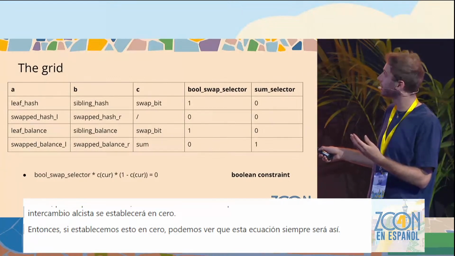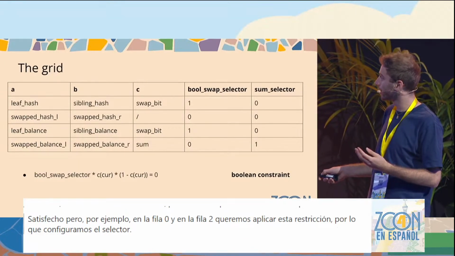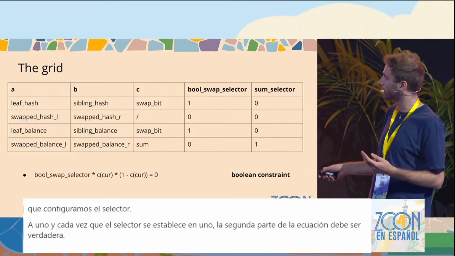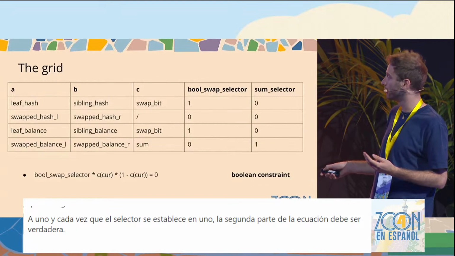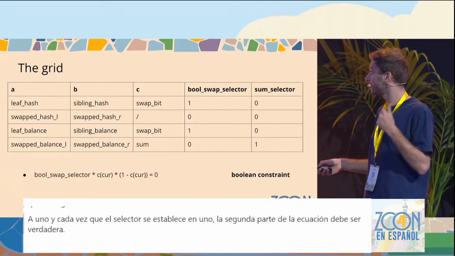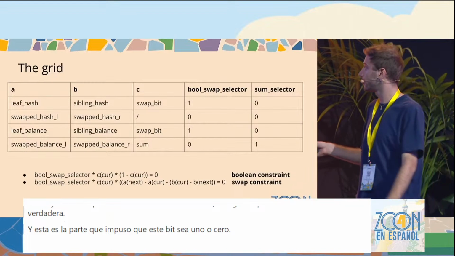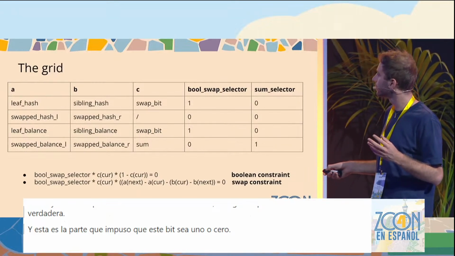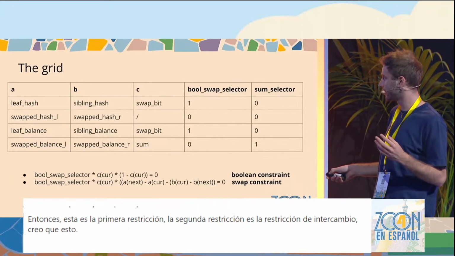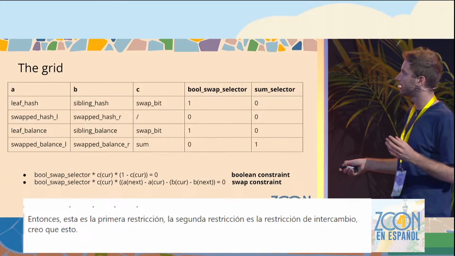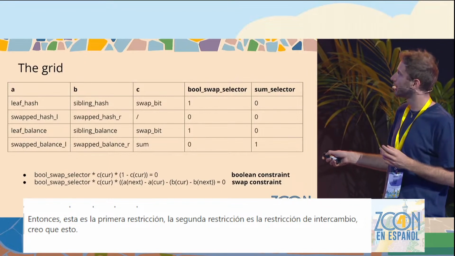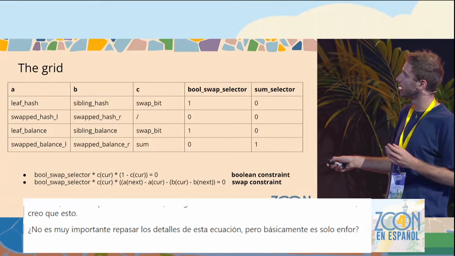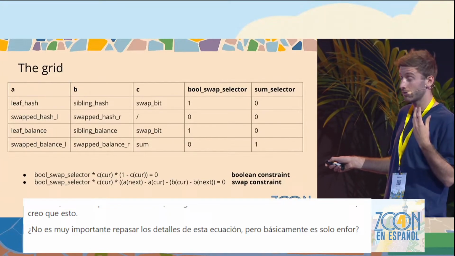And whenever this selector is set to 1, this second part of the equation must be true. And this is the part that enforces this swap bit to be either 1 or 0. So this is the first constraint. The second constraint is the swap constraint. I think it is not super important to go through the details of this equation, but it's basically just enforcing the fact that if swap bit is equal to 1, the swapping between row 0 and row 1 is performed correctly.